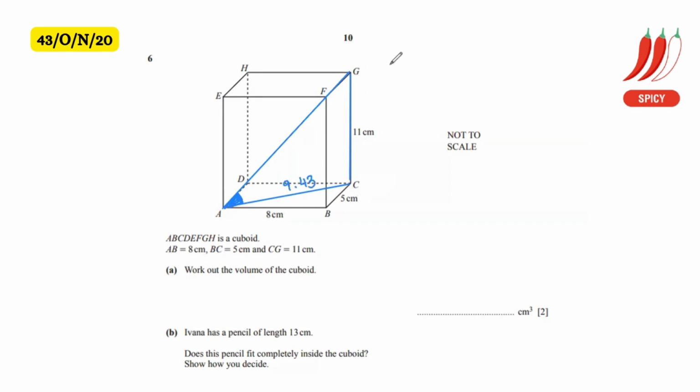So once again, we apply tangent. Tan theta equals 11 over 9.43. Theta equals tan inverse of 11 over 9.43. And that gives us 49.4 degrees. That's your angle GAC.